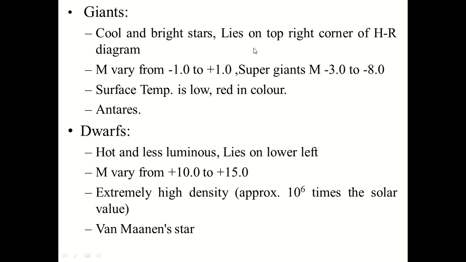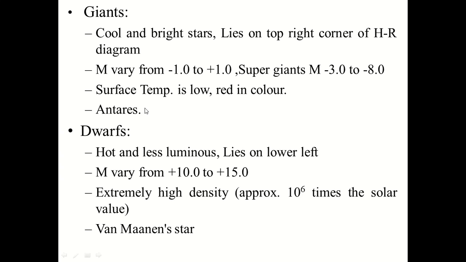The absolute magnitude of these stars varies from -1 to +1, and for supergiants it varies from -3 to -8. Since the surface temperature is low, they appear red in color. An example of a giant star is Antares, a red giant star.